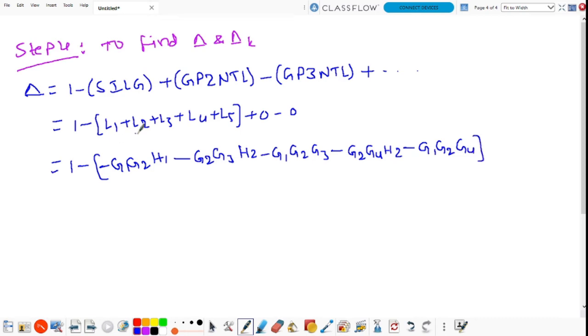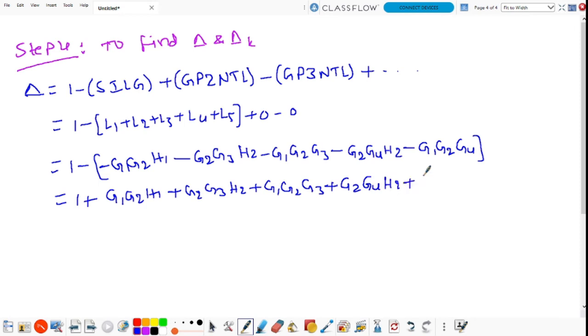Where the plus is there, plus into minus gives minus, so for all these terms the negative sign is common. Before that, minus into minus is plus, so 1 plus G1 G2 H1 plus G2 G3 H2 plus G1 G2 G3 plus G2 G4 H2 plus G1 G2 G4. So this is the value of the delta.